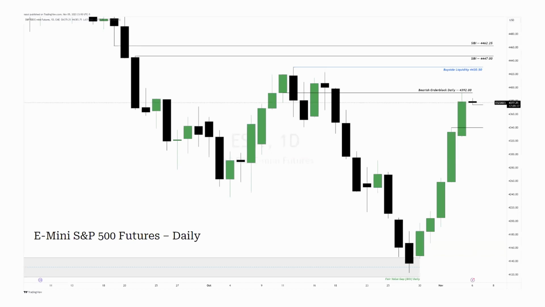All right, E-mini S&P on the daily. I'm a little bit more bullish than I am bearish on the futures, given that this is pretty clearly a buy model to me.